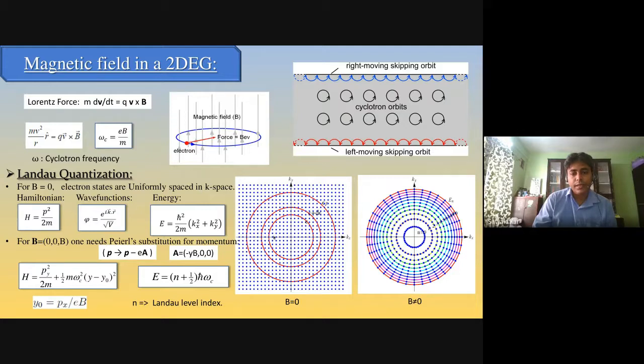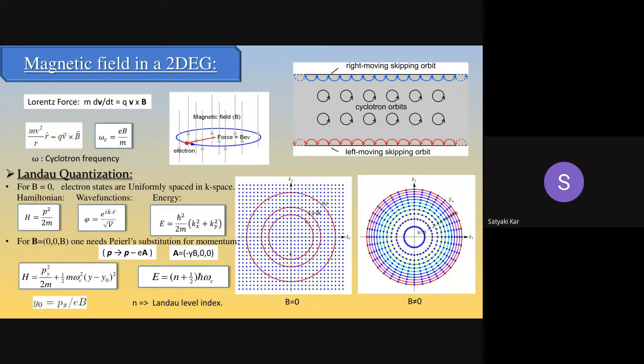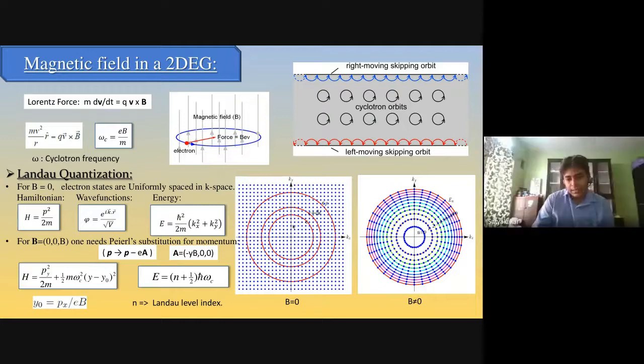If you look at how the k-space points look, for a finite geometry with dimensions L and L, the points on kx and ky will be equally distributed, and the distance between two consecutive k points will be 2 pi over L. We know that from our solid state knowledge. And these concentric circles denote the equi-energy lines, consistent with this expression of the energy.